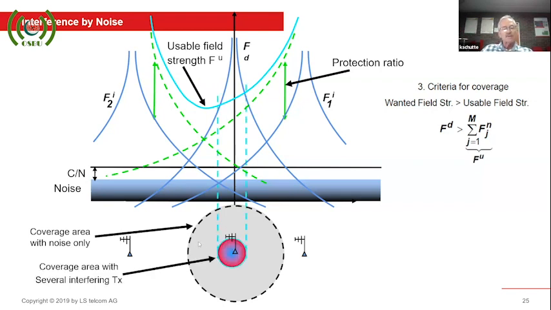And then you can see coverage with noise only is that area, and then now coverage area with several interferent TXs reduced your coverage to a very small area.